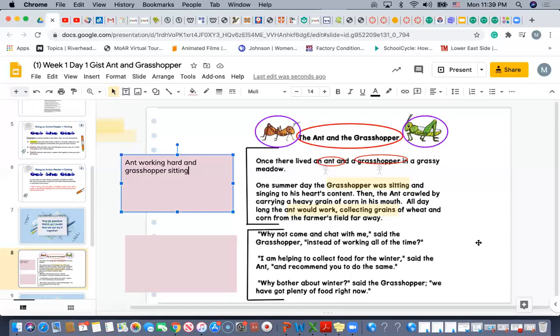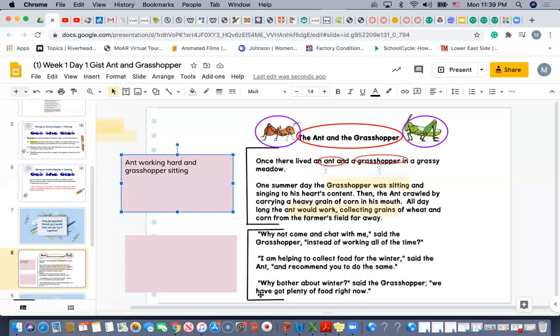"We've got plenty of food right now." I'm going to stop there because I see that that is the end of where my bar is, which means now it's time to gist. But before I gist, I want to make sure that I'm identifying that important information and making sure that I'm highlighting those pieces, because that's going to help me with my gisting.